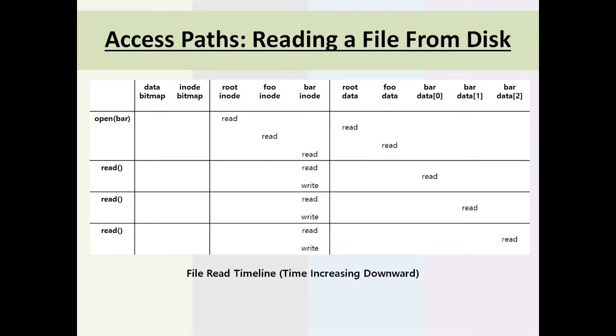Now, when you issue the open command, which is open and then foo/bar, what ends up happening is that the file system needs to find the inode for the file bar, to obtain some basic information about the file.